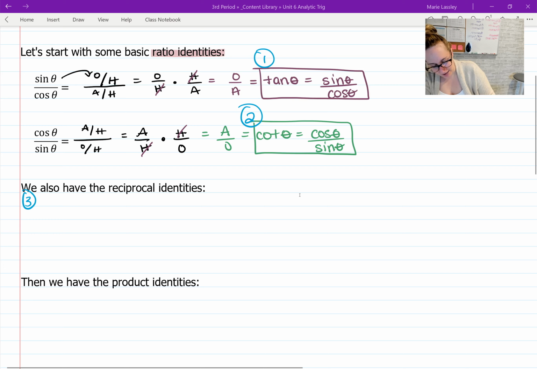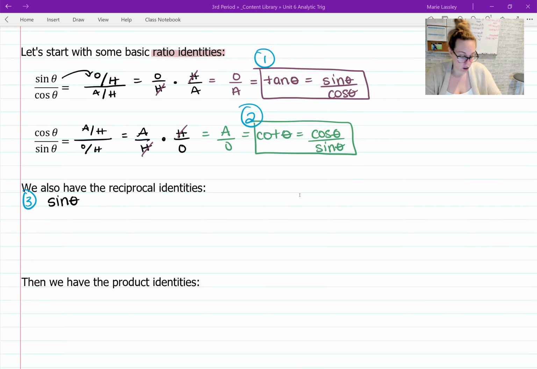All right, sine, its reciprocal is 1 over cosecant. Sine equals 1 over cosecant. That is the reciprocal of sine, right? If sine is y, cosecant is 1 over y. That's number 3. Number 4.